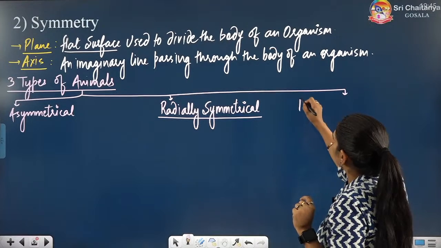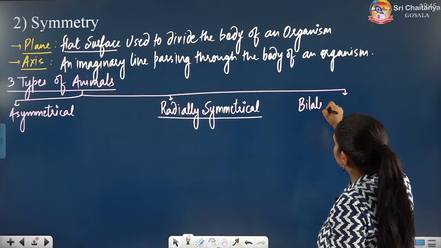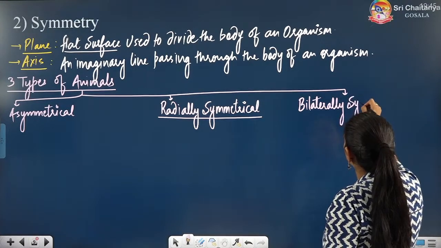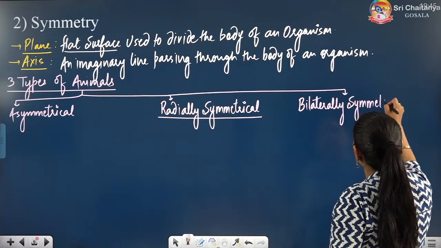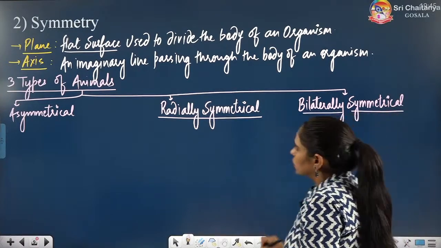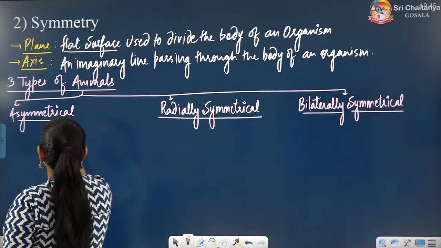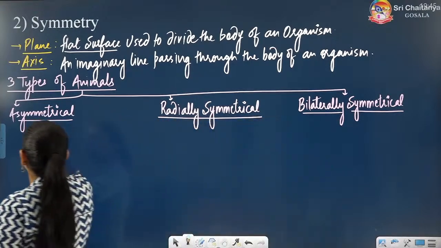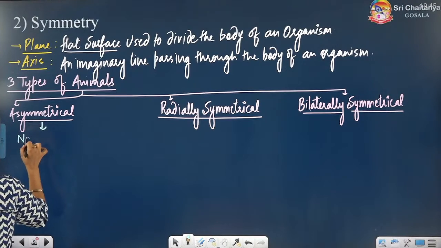And the last one is bilaterally symmetrical animals. So if we talk about asymmetrical animals, they do not have any symmetry. They have no symmetry at all.